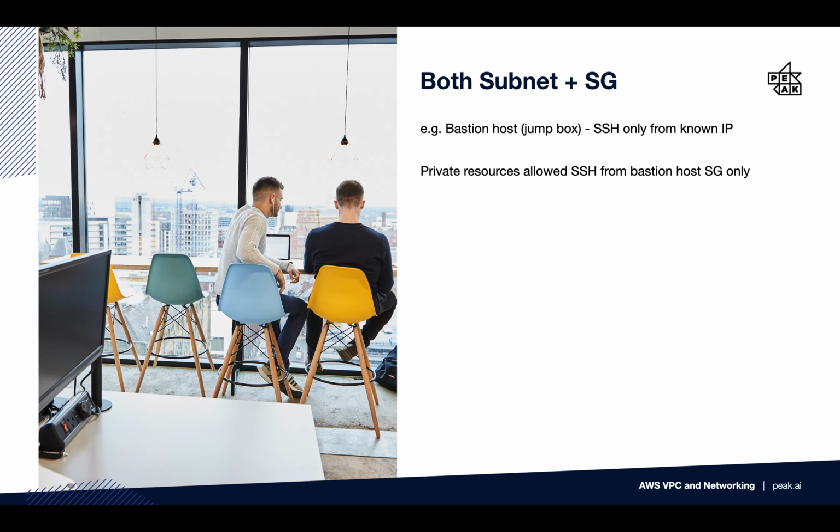So you set the security group to say only this IP address can SSH in. Okay, now that would need to be in a public subnet so that we could access it. But then you may have private resources in a private subnet, and the security group says only allow SSH from the Bastion host security group. So that way I would need to SSH into the Bastion host and then SSH into private resources.